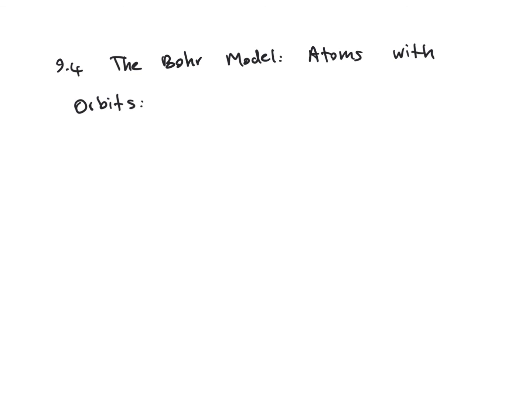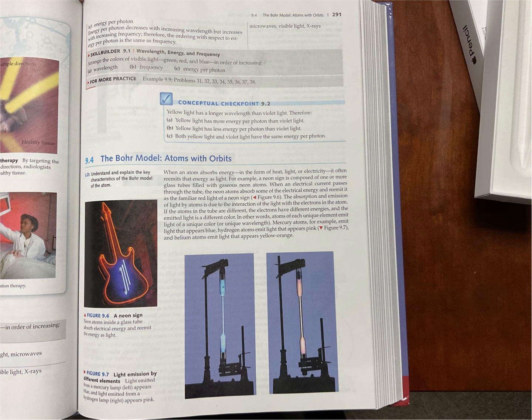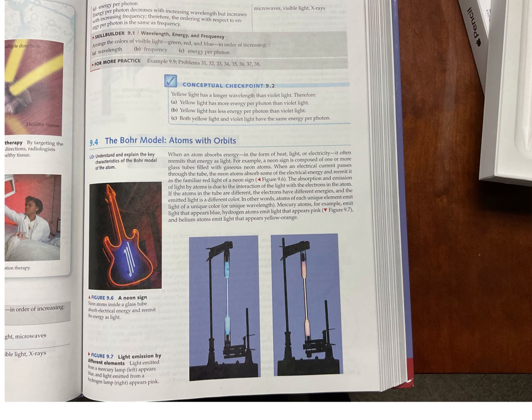So here is your book, and you can see the page and also the section for your reference when you want to go back and look at it. You see that if you have, for instance, a neon sign, how many of you have ever seen a neon sign? Yeah. These have neon element in them.